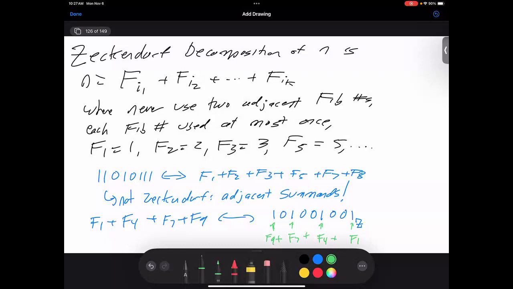What is a gap that we could see in binary decompositions that we're not going to see in Zeckendorf decompositions between indices?